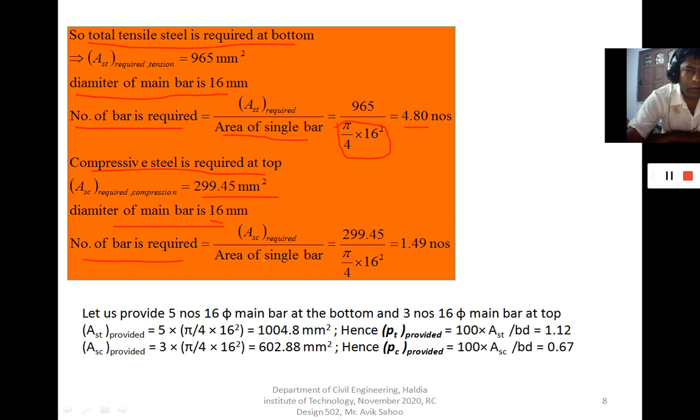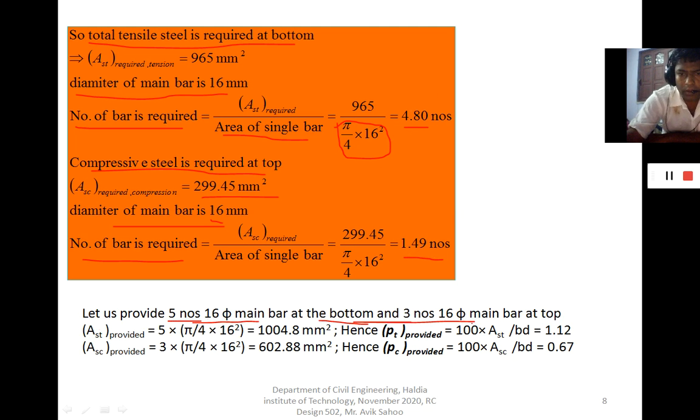So how many bars are required? That is 1.49 numbers. As we cannot provide 4.8, we provide 5 numbers of 16 mm main bars at the bottom, and 3 numbers at the top. So it comes 1.49.